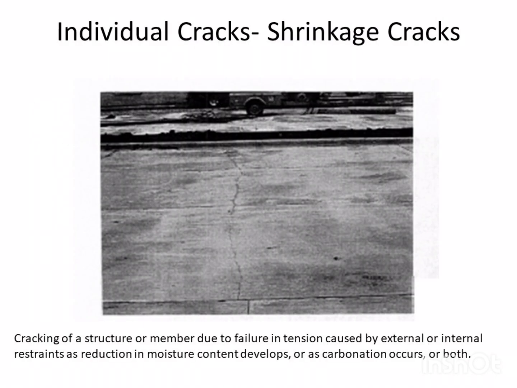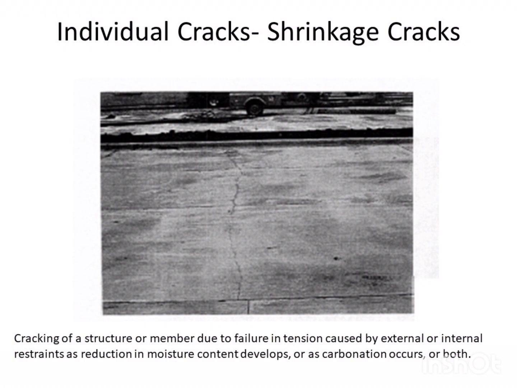So, individual cracks or shrinkage cracks: cracking of a structure or a member due to failure in tension caused by external or internal restraints, as reduction in moisture content develops or carbonation occurs.